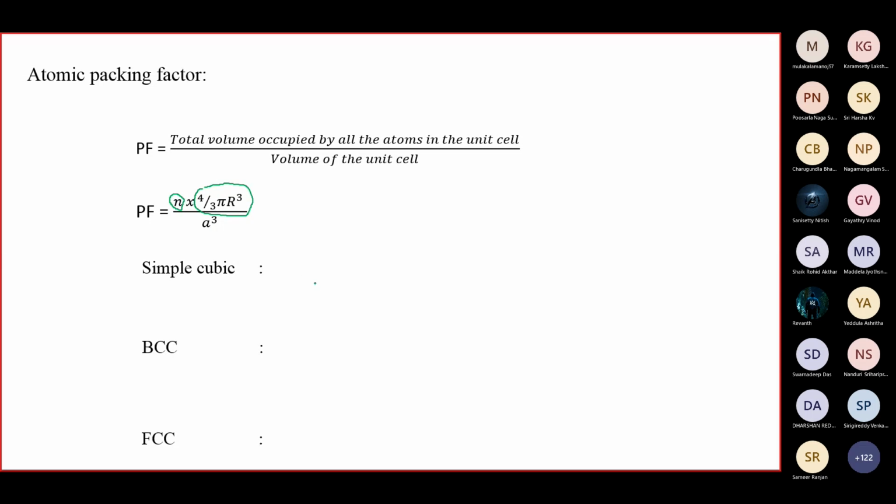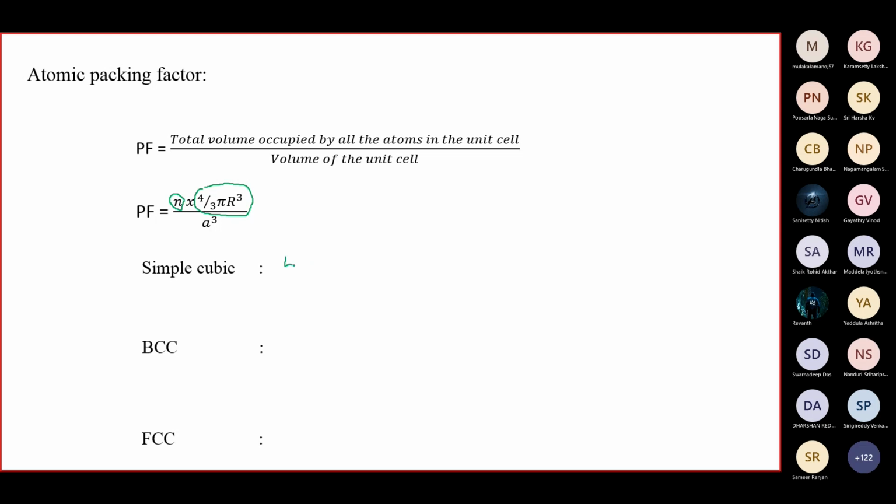Can you calculate for simple cubic what is the packing factor? Quickly. 0.524, say it in percentage, 52.4%.